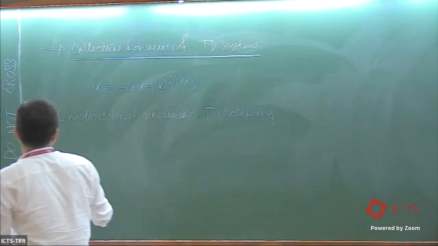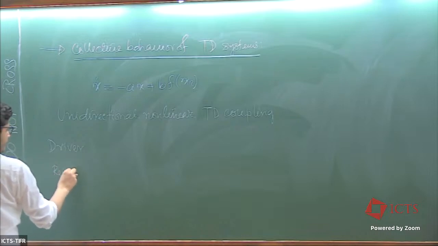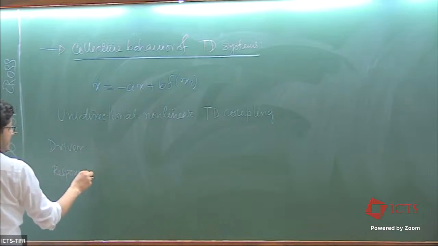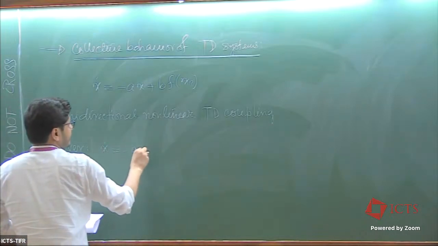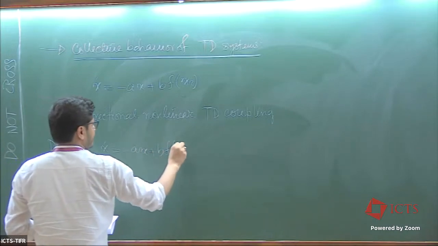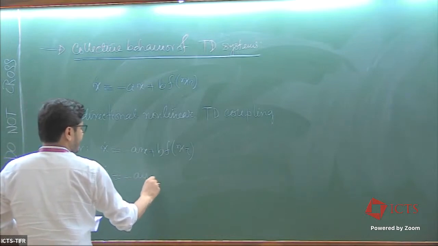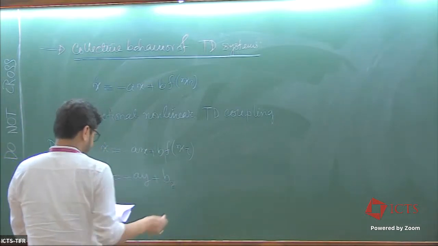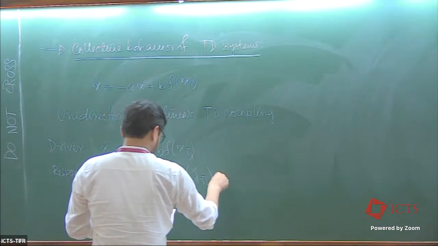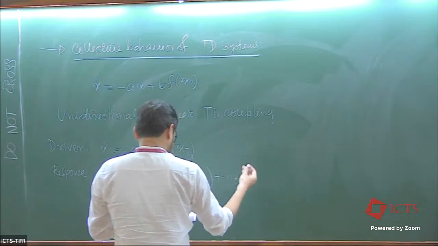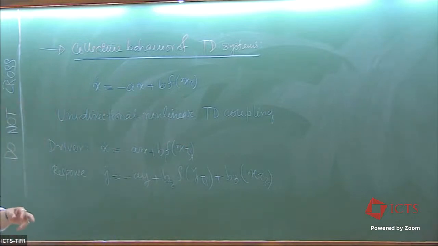It is actually driver response coupling. So the driver is this system and the response is y dot is equal to minus ay plus b1 and b2, f of y tau 1, plus b3 x tau 2. So here two types of delay are employed.